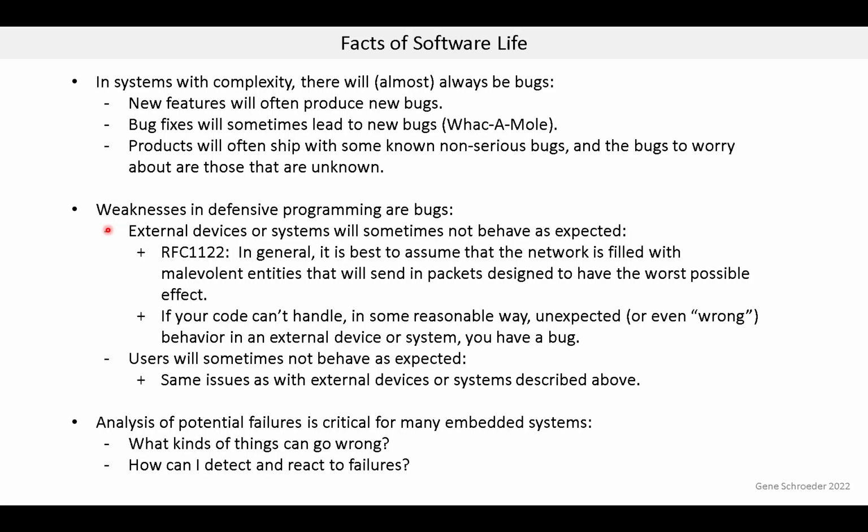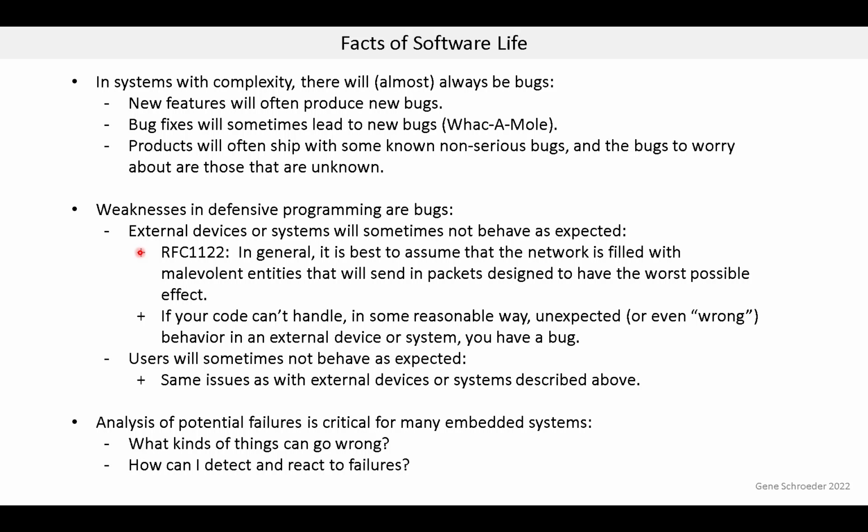Now, external devices or systems will sometimes not behave as expected. That's reality. And there's an interesting statement in an RFC from the IETF that says, in general, and this is for networking products, in general, it is best to assume that the network is filled with malevolent entities that will send in packets designed to have the worst possible effect.